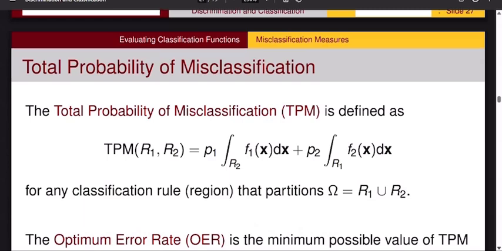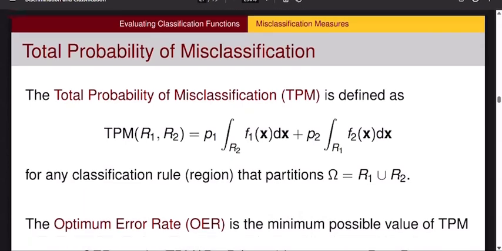Which means that if you want to calculate the probability of misclassification, we need to first recognize the possible classification probabilities that exist.